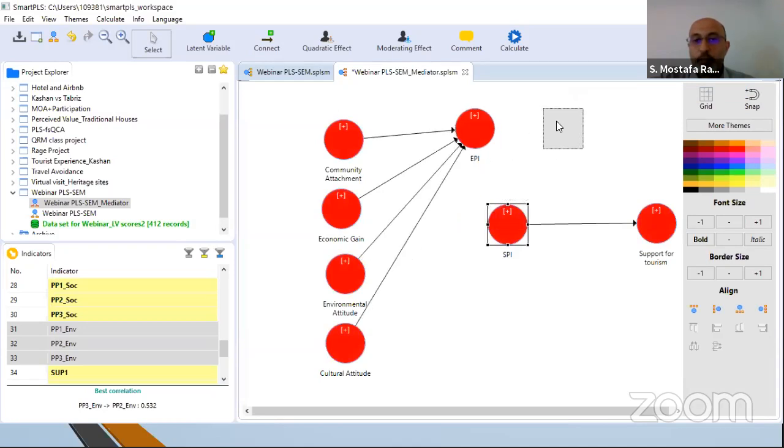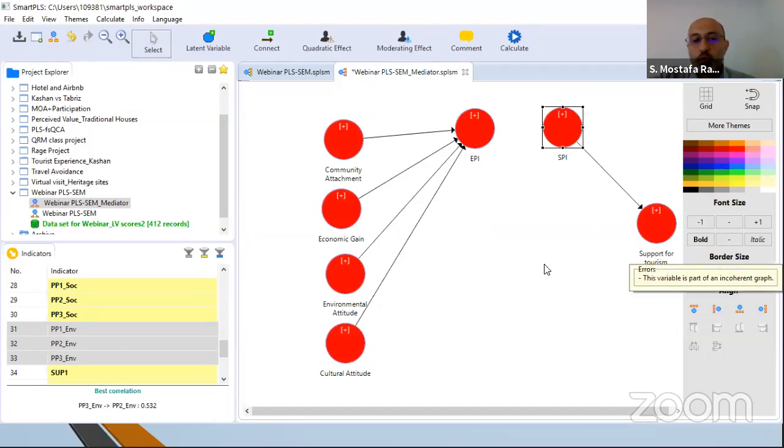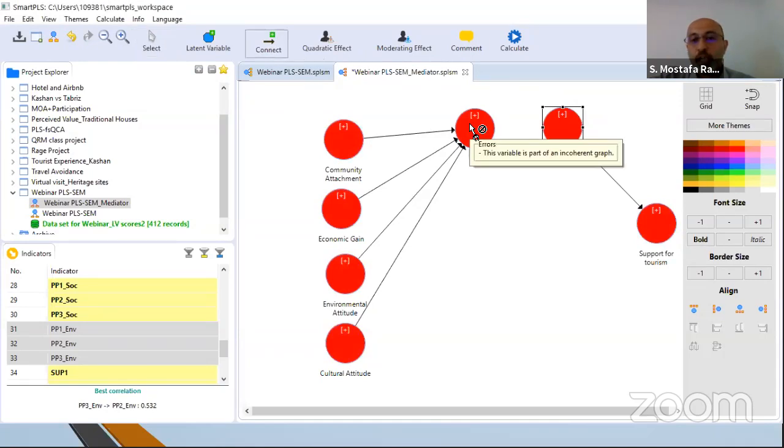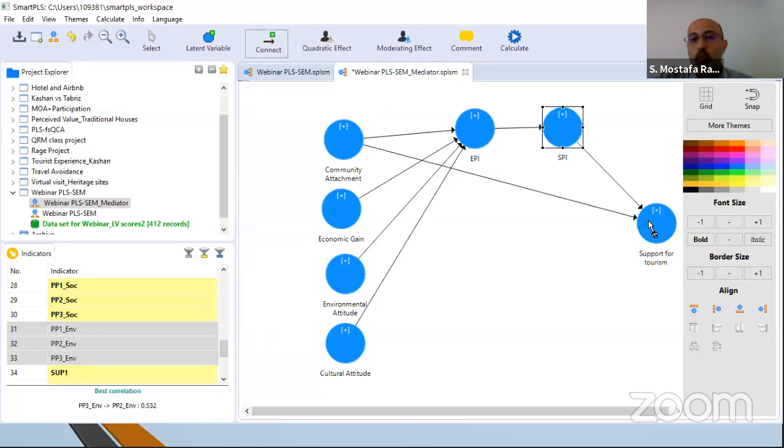Then I put social perceived impact between economic perceived impact and support. So we have the effect of economic perceived impact on support. And for example, let's connect community attachment to support.